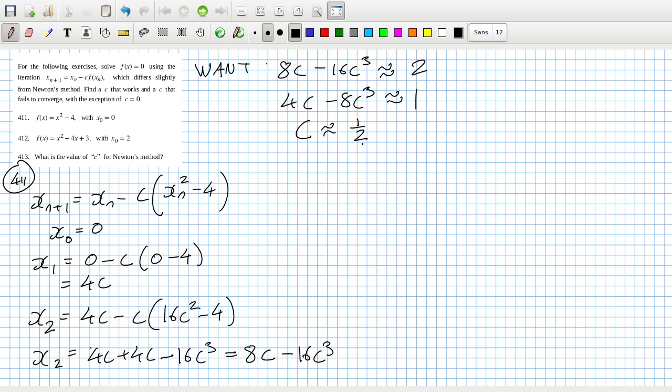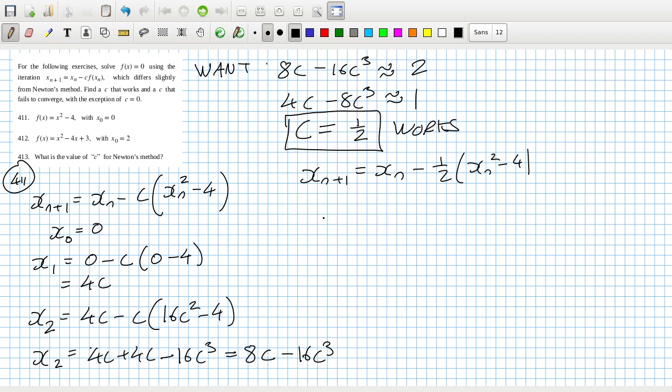Half maybe. Let's try it out now. xn plus 1 equals xn minus a half, xn squared minus 4. Oh yeah, that gets you straight there. So c equals a half. That works really well, actually.